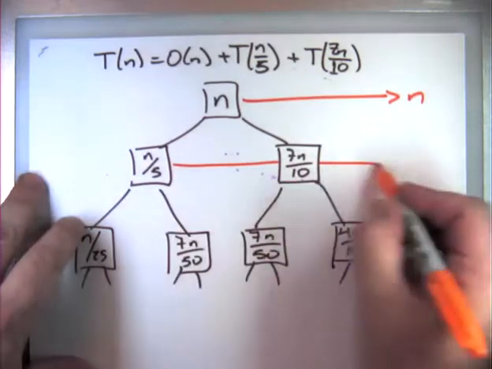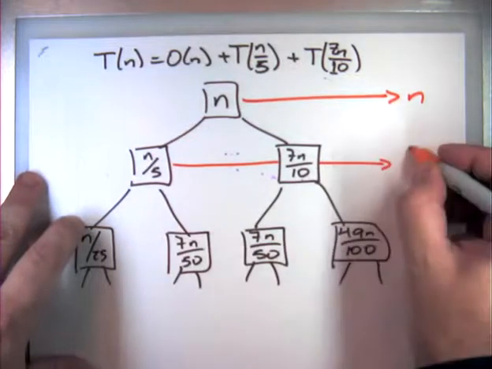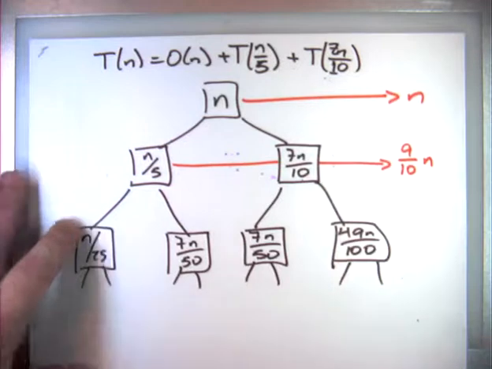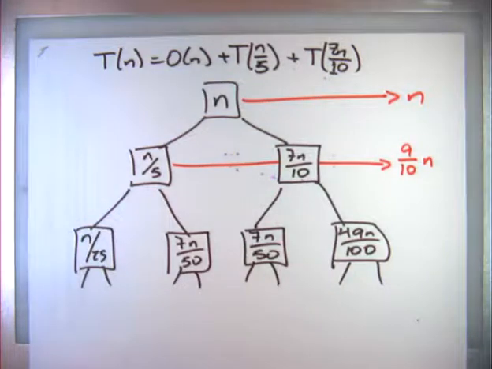At level 1, the total amount of work is 9/10 n. And this is a pattern that repeats: at every node in the tree, the total value of the children of that node is 9/10 of the value of their parent.